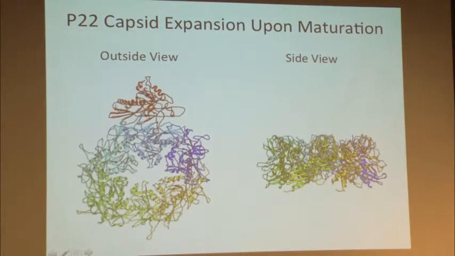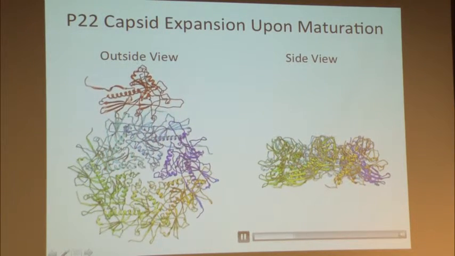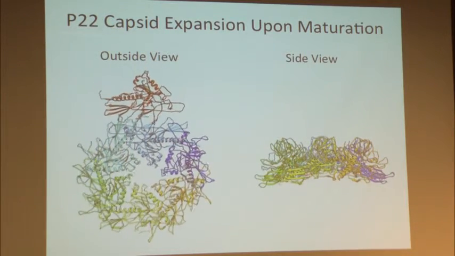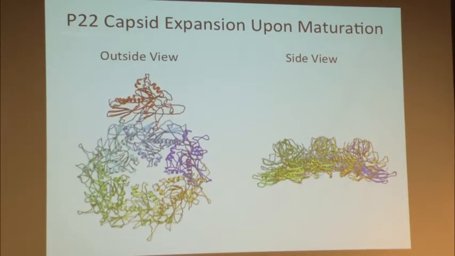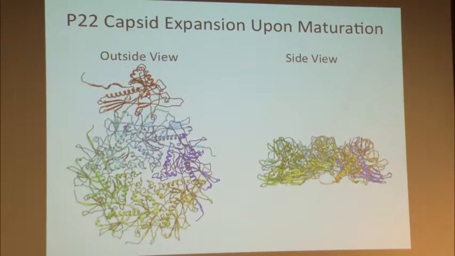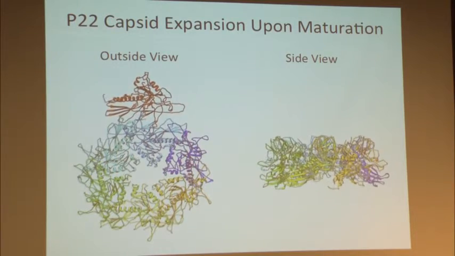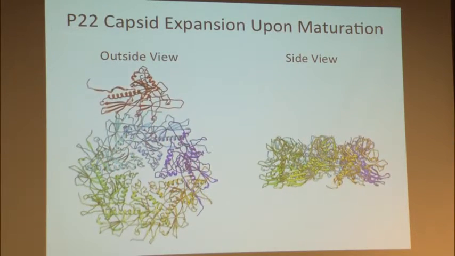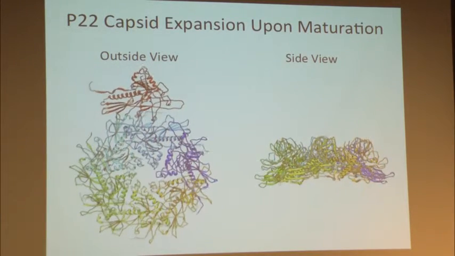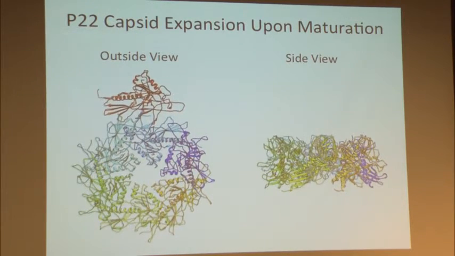And now if I'm looking at the side view, because of this conformational change, the protein thickness in making the shell actually gets thinner in the mature virion versus the procapsid before the DNA is encapsulated. So what we learn from here is there is a conformational change of the protein during the maturation process when the DNA is packaged.